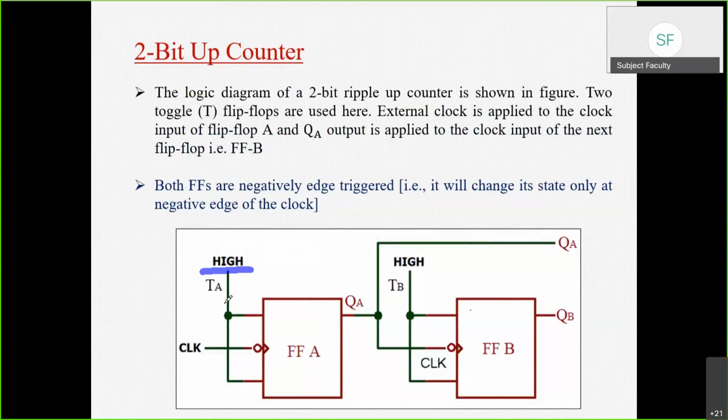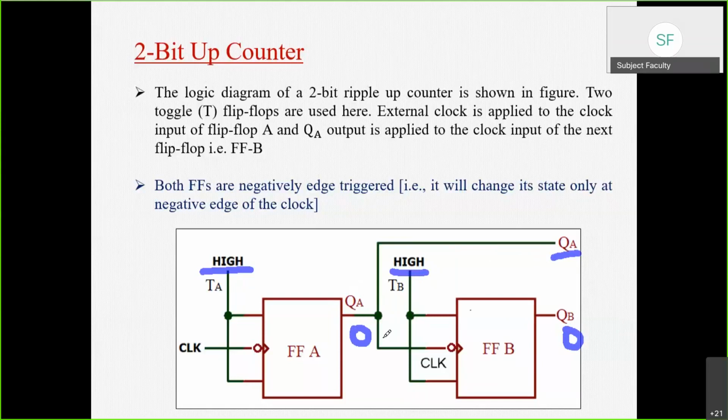In toggle mode, whatever the previous output value of the flip-flop is, the next output is its opposite. If it was 0, the next will be 1; if it was 1, the next will be 0, and so on. Both are operating in toggle mode. Initially QA is 0 and QB is also 0.